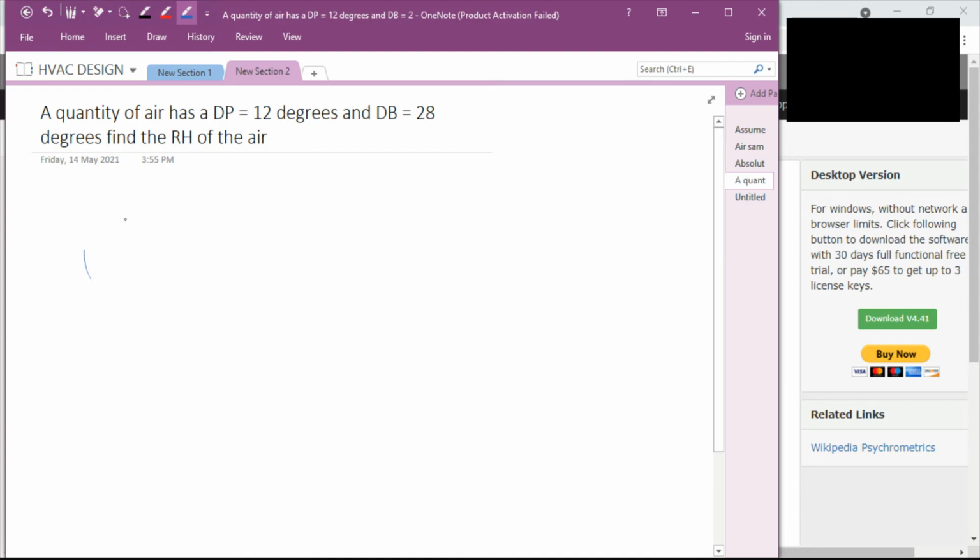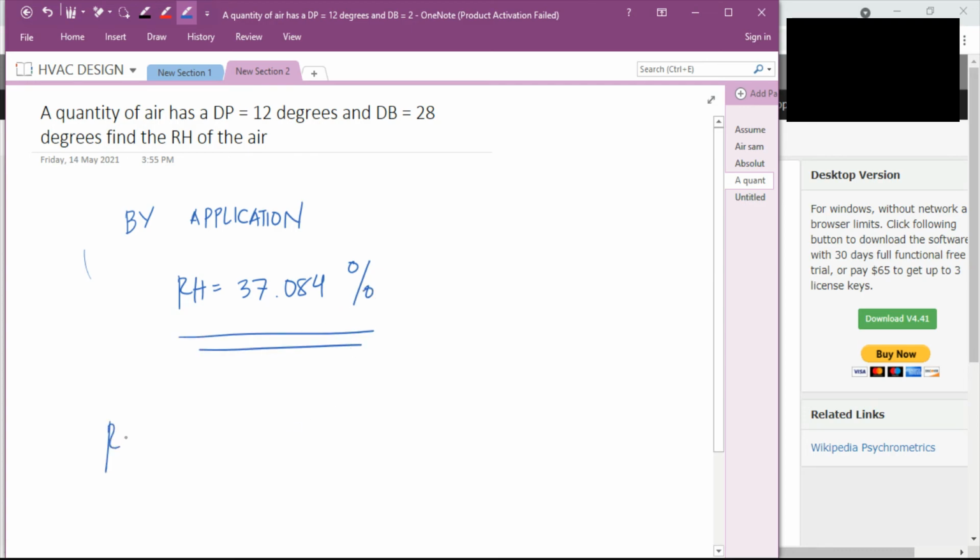By application, RH is equal to 37.084%. Paano natin solve? Diba, by formula, RH is equal to Pv divided by pressure at the dry bulb. Saturated to. Ito galing ng dew point. Ito galing ng dry bulb.